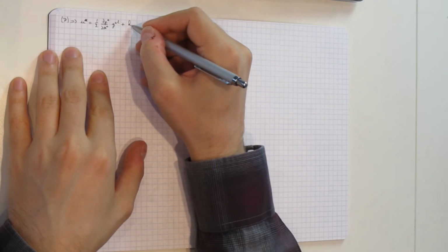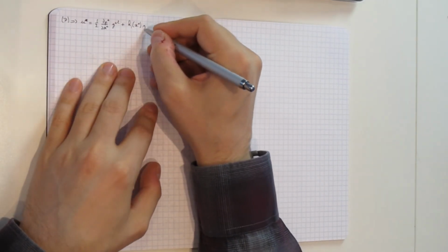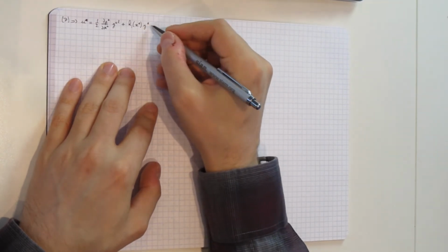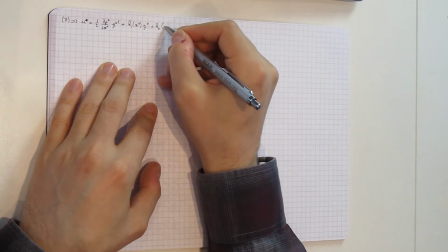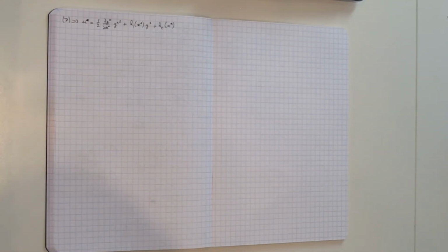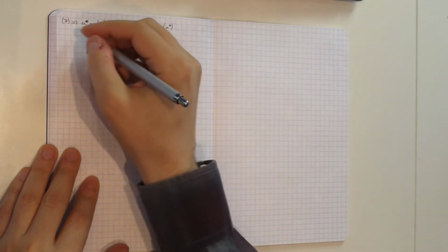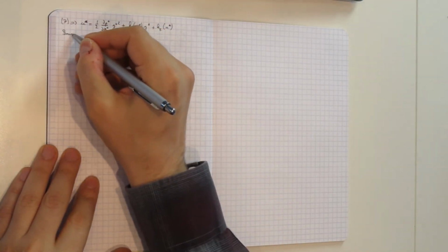There will be a constant of integration here that may or may not depend on x times y star, and then another constant of integration that may or may not depend on x as well. So that's our velocity. We can determine some of these constants by applying the boundary conditions.